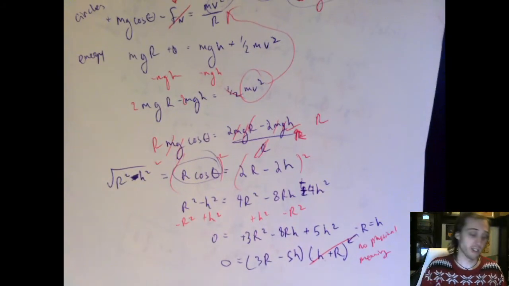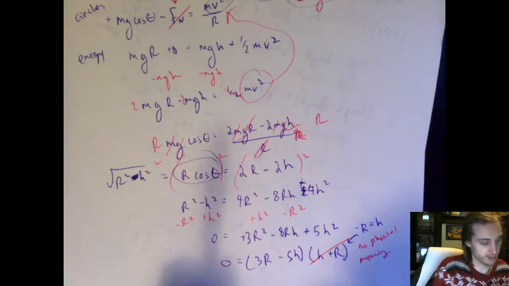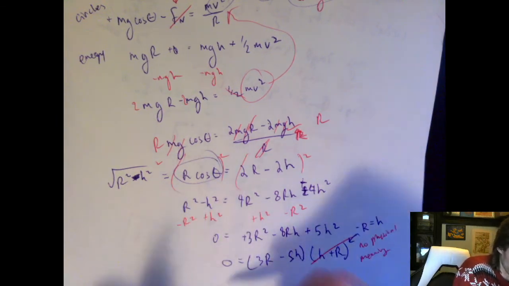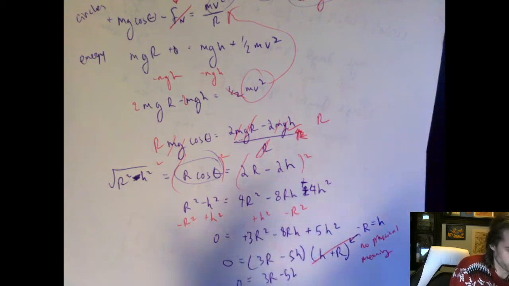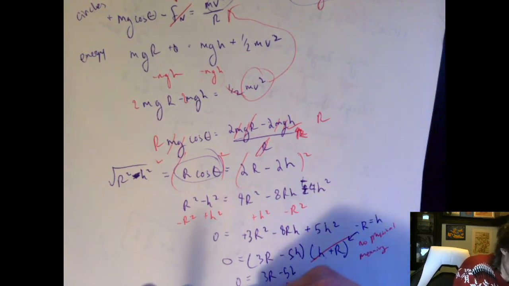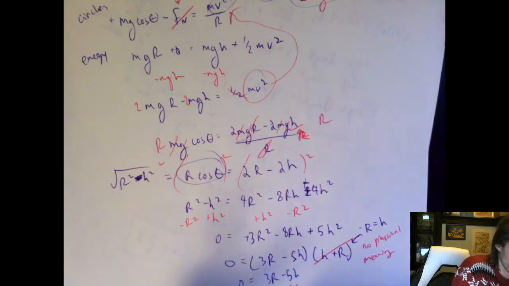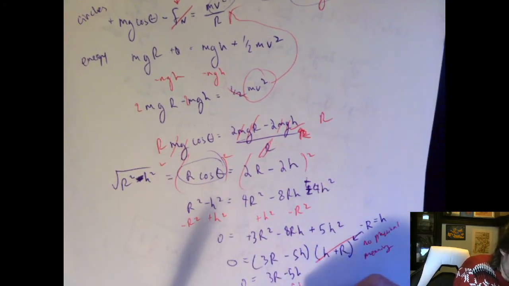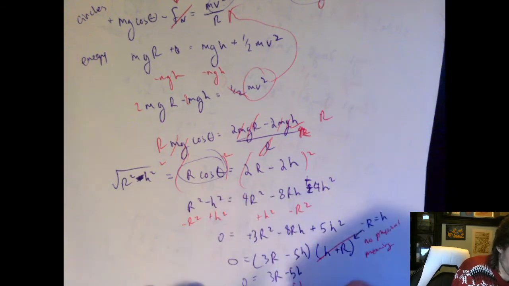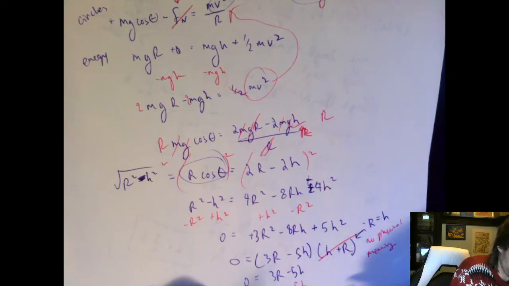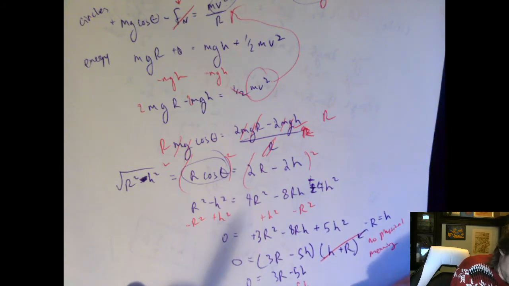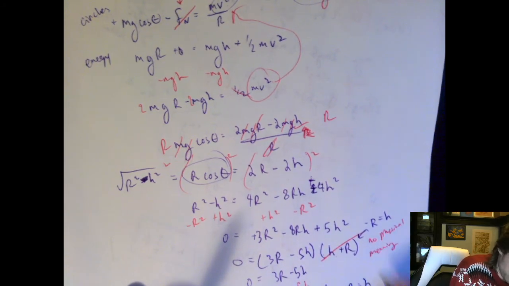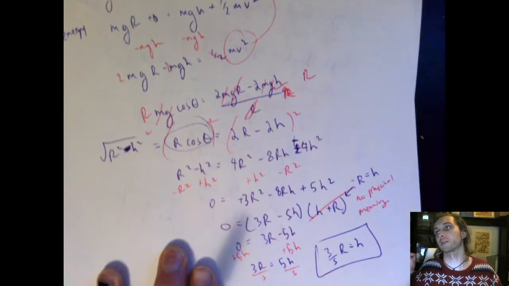The other solution, however, does make sense, which is that 0 needs to be equal to 3r minus 5h. If I add 5h to both sides, we'll get 3r equals 5h. Divide each side by 5. And when we are at a height of 3/5 of the radius, that'll be our height when this sucker pops off the hill.